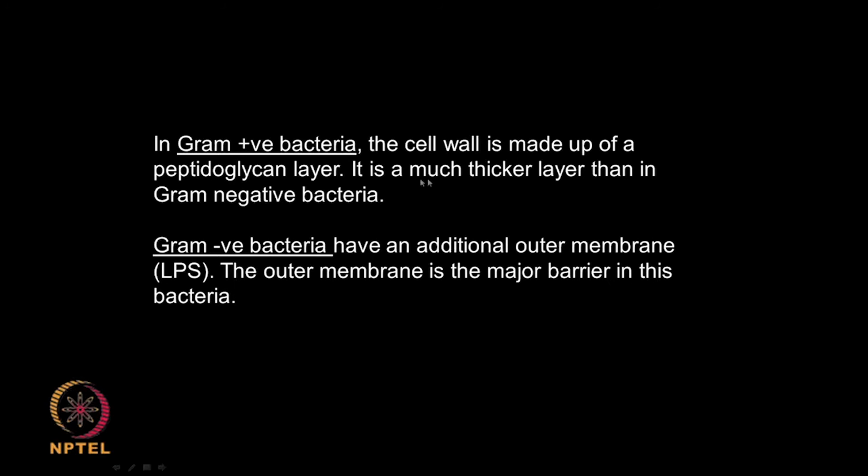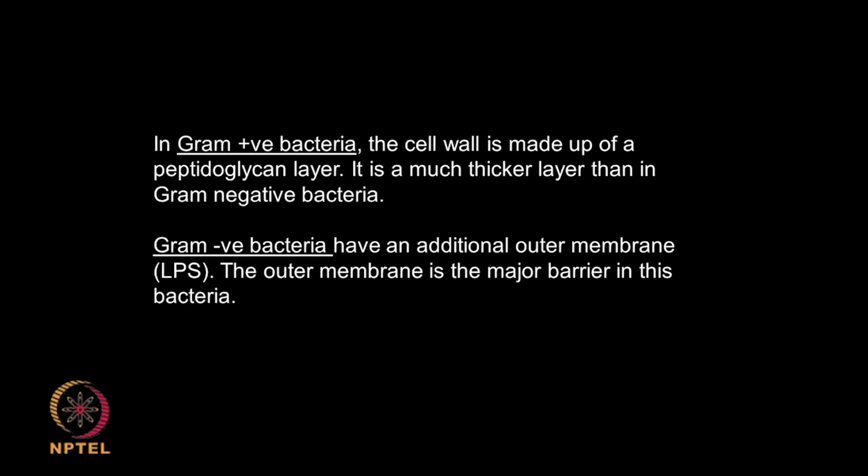In gram positive, the cell wall is made up of a peptidoglycan layer. This layer is very thick, whereas in gram negative bacteria the layer may be very thin, but they have something on top of that, called the outer membrane. Generally it is made up of lipopolysaccharides, and this is a major barrier which prevents drugs or other toxins entering the gram negative.